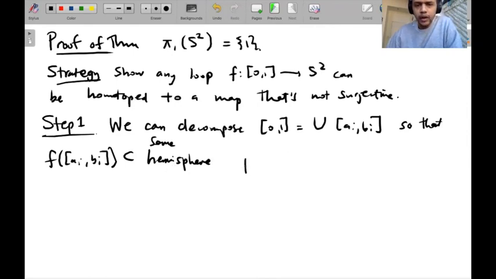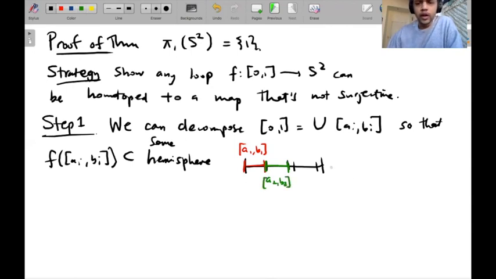Okay, so the claim is that we can subdivide into some intervals here. So here's like A1, B1, and then there's another one. These intervals meet only at their endpoints, A2, B2, and so on.